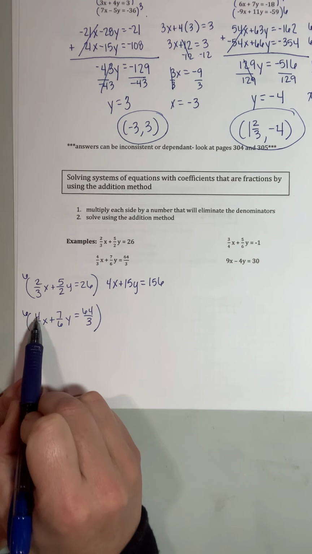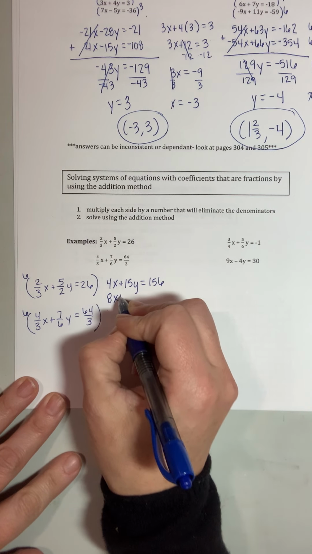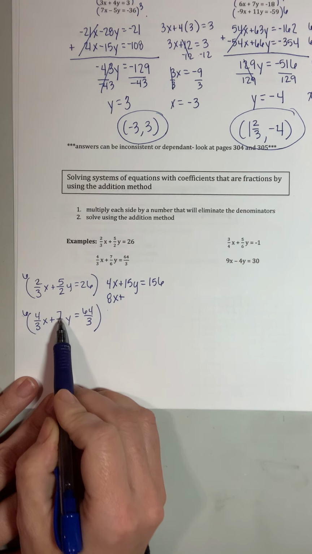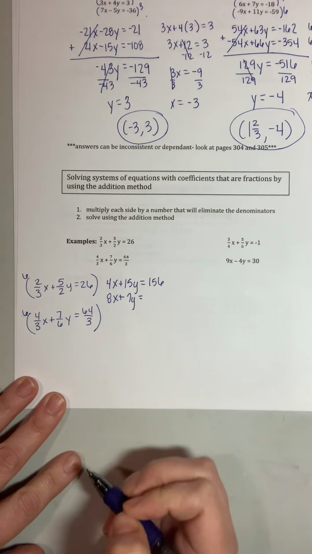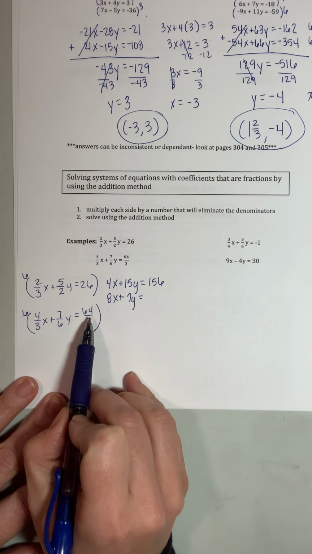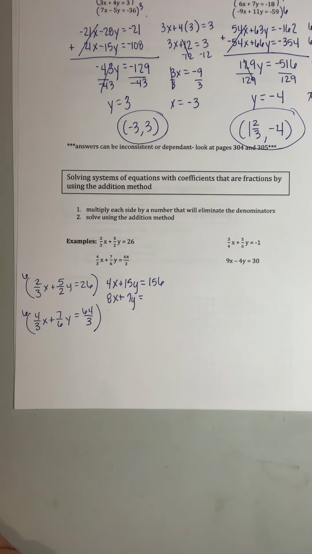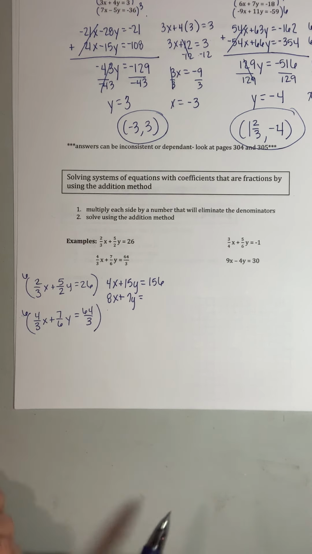So now I'm going to do 6 times 4 is 24. 24 divided by 3 is 8. 6 times 7 is 42. 42 divided by 6 is 7. 6 times 64, working it out on the side, is 384. 384 divided by 3 is 128.